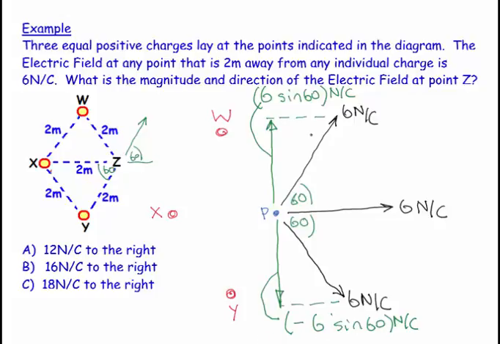And whatever they are, they're going to cancel each other out. There's no vertical component for the 6 newton that's horizontal, so these two are just going to cancel.